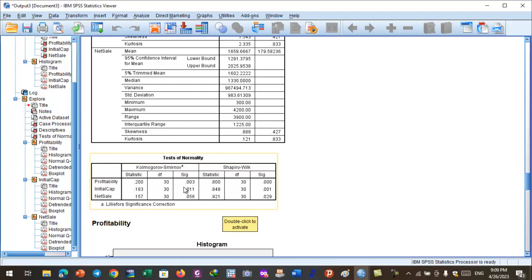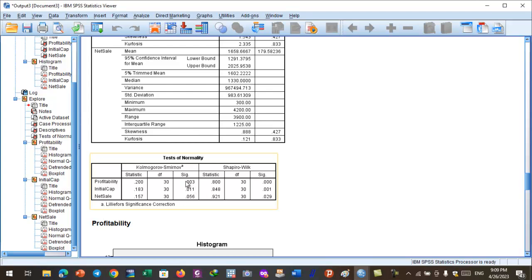And you see here the p-values, okay, are all less than 0.05 or 0.01. Okay, let us extend the significance level. And for all the variables, profitability, initial capital, and net sales, it is less than 0.1, which seems significant.